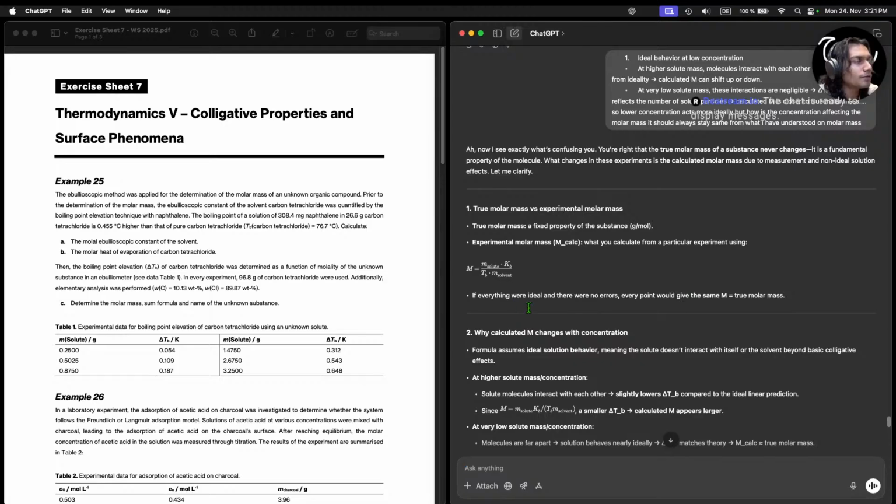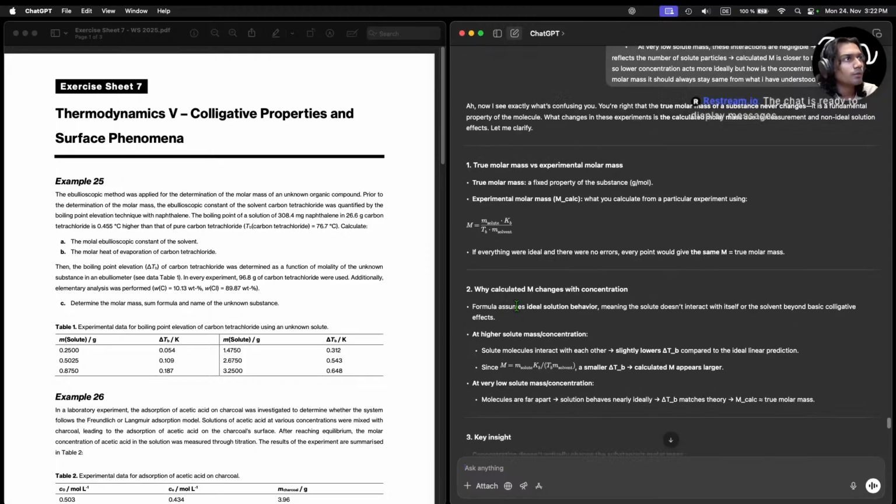If everything were ideal, there were no errors, every point would give the same molar mass. Why does calculated M change with concentration? The formula assumes ideal solution behavior, meaning the solute doesn't interact with itself or solvent beyond basic colligative effects.